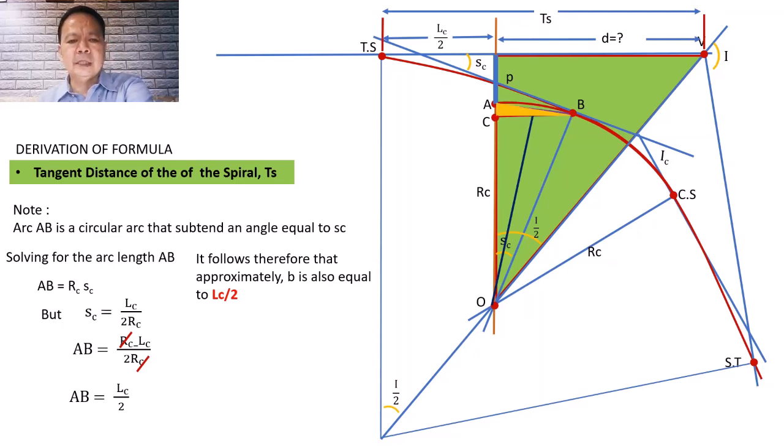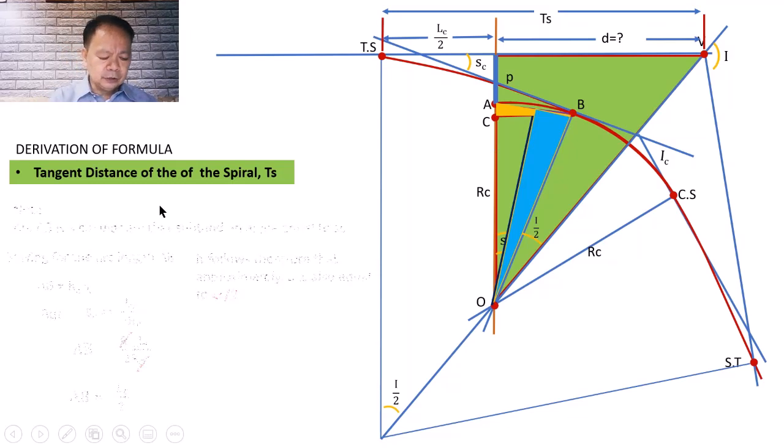So, that small triangle, i-blink natin ng konti. Yan. That small triangle is similar to this triangle na kulay blue naman. Why similar? Kasi yung angles naman nila ay equal to one another, and therefore the sides are proportional, hence the triangles are similar. Now, if the triangles are similar, then we can apply the ratio and proportion of similar triangles so that we can solve for A sub C. Ano ba yung ratio?